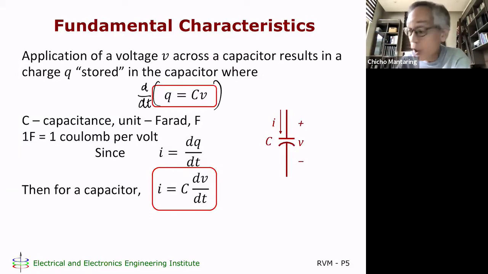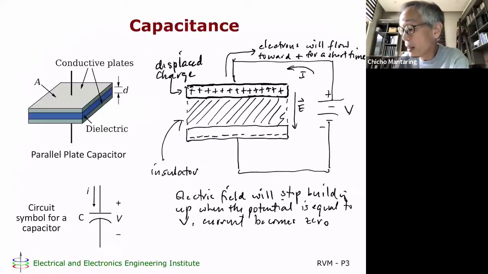When does a current flow? A current will flow only if the voltage across your capacitor is changing. So we only get a current I if V is changing with respect to time. If our V is DC, we don't get a current flowing. And that is what's happening here.